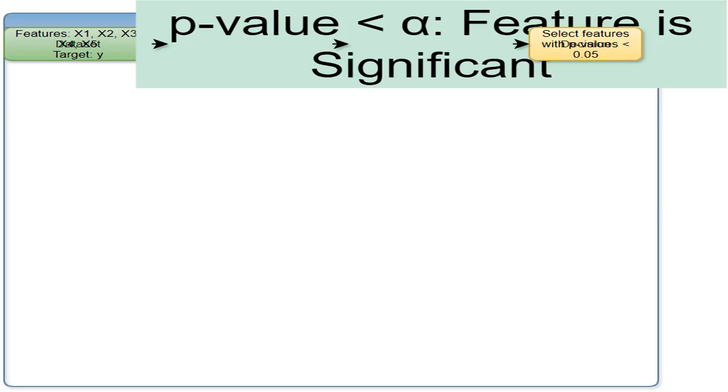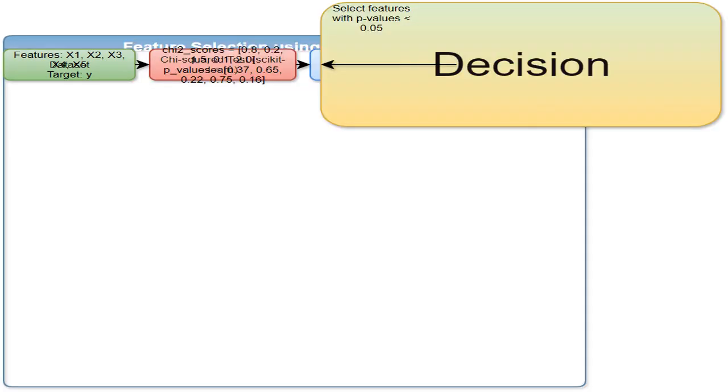Based on my p-values, I will keep the features with p-values below 0.05 and discard those above it. However, I will also look at the chi2 scores to get a better understanding of the strength of the relationships involved, even if a p-value is below 0.05.